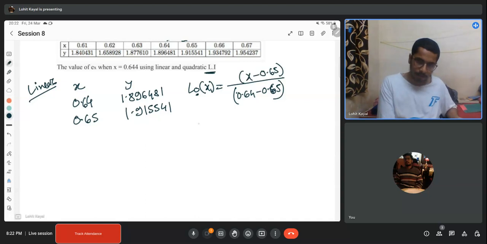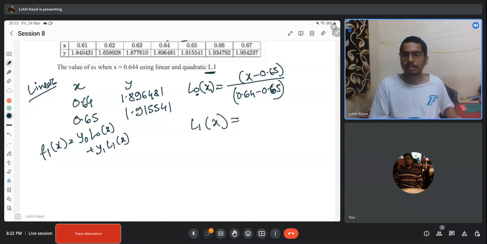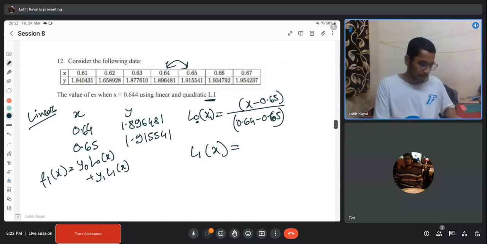And what will be your L1? Let me write down the formula as well. It is y naught L naught x plus y1 L1 x. Here we will see that compared to the divided difference, using this Lagrange interpolation is quite complicated, because you need to do a good amount of work to get the same answer.